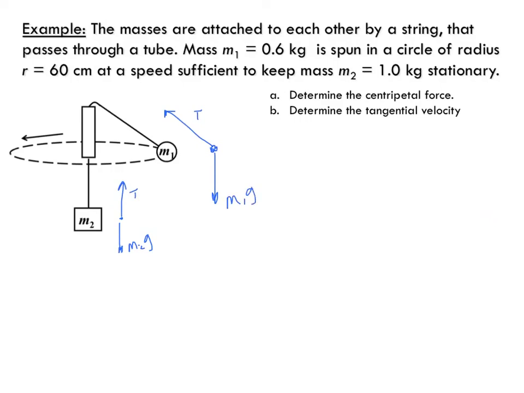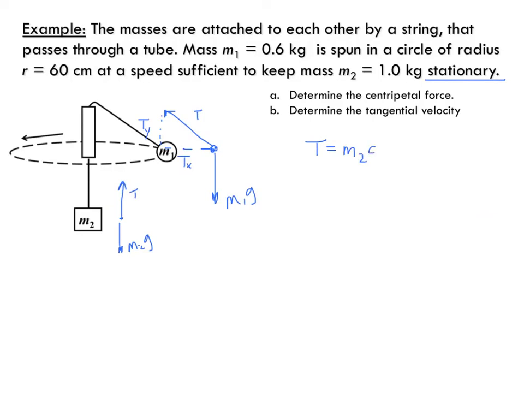So we can see that this tension can be broken down into two components. Now I'm not given an angle, so I'm not going to add cosine and sine just yet. But I know that this will be my tension in the x direction, and this will be my tension in the y direction.